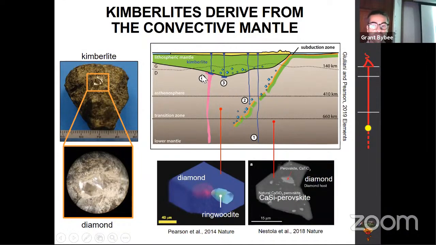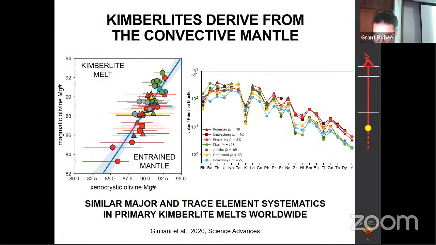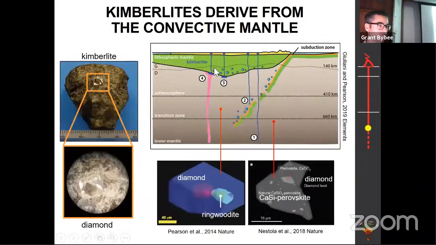Of course, this doesn't necessarily mean that the kimberlites are sourced at these depths. And here I summarize four different models of kimberlite formation. Either kimberlites can form directly in the lower mantle, even though this has some potential complications for moving these low-degree melts all the way from the lower mantle to the surface, can form in the transition zone, or more likely form in the upper asthenosphere, either due to impingement of deep-seated mantle plumes or by simple convective processes.